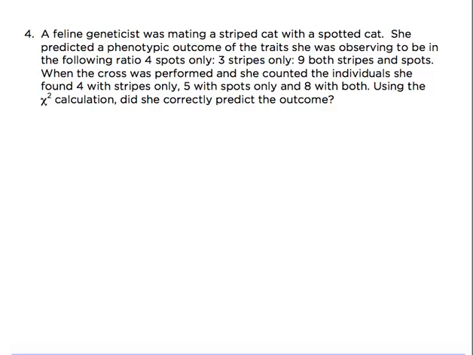So let's write the phenotypes. So we have spots only, stripes only, and spots and stripes. So what she predicted, which would be our expected numbers, she expected 4 with spots only, 3 with stripes only, and 9 with both. She observed 4 with stripes only, 5 with spots only, and 8 with both.